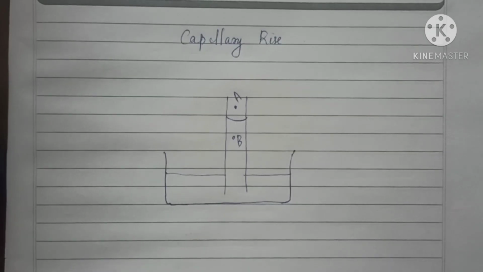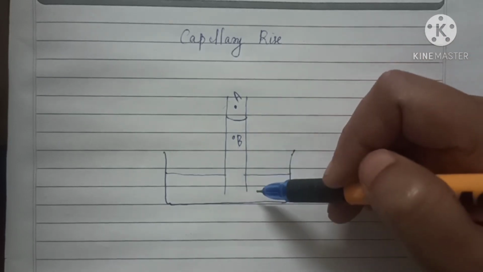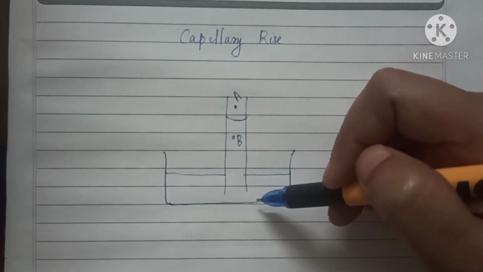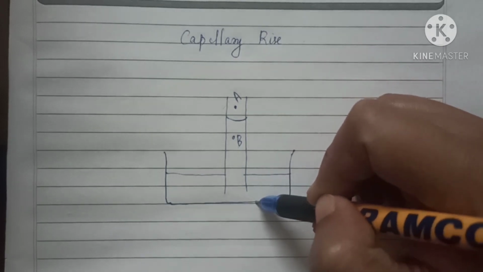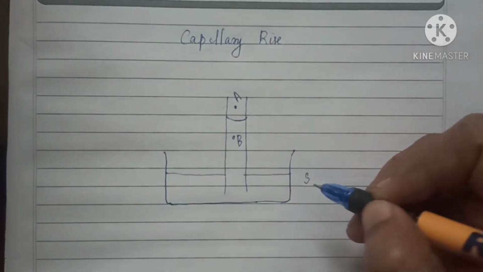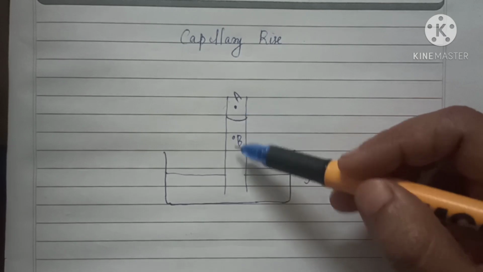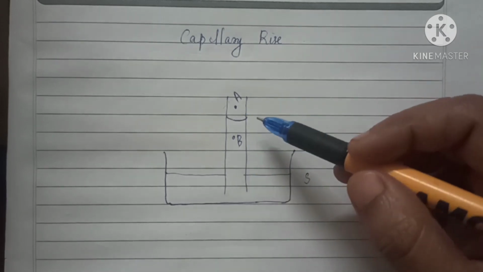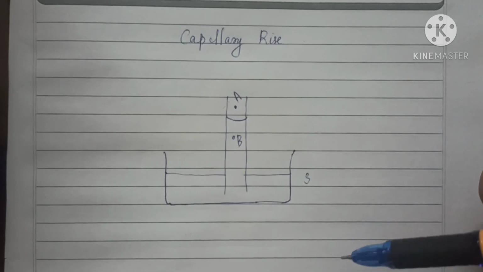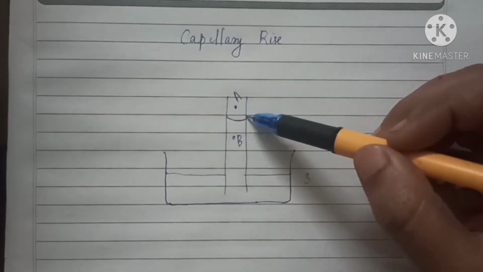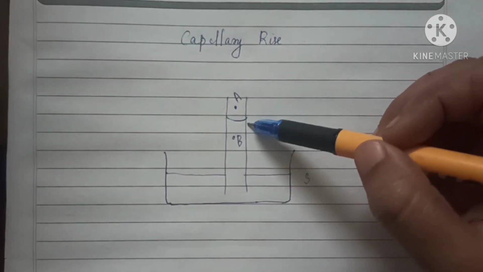So here I have redrawn the figure. Once again, we have considered a capillary tube of radius R. Then it is dipped in a liquid, okay, of surface tension S. Since it is water, it wets the sides of the tube. If you are using mercury, it doesn't. So here you have a concave meniscus.